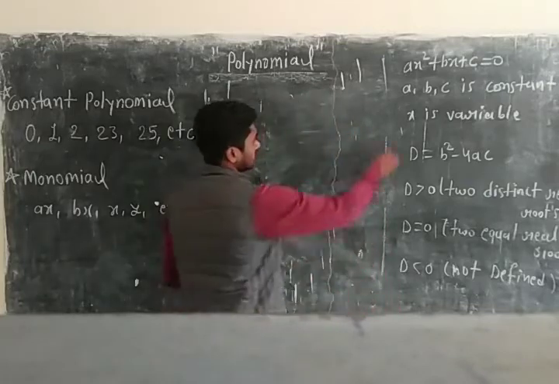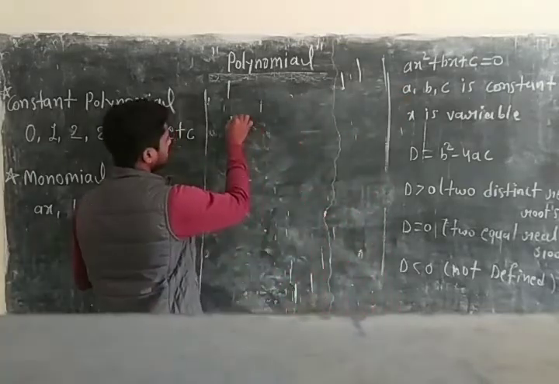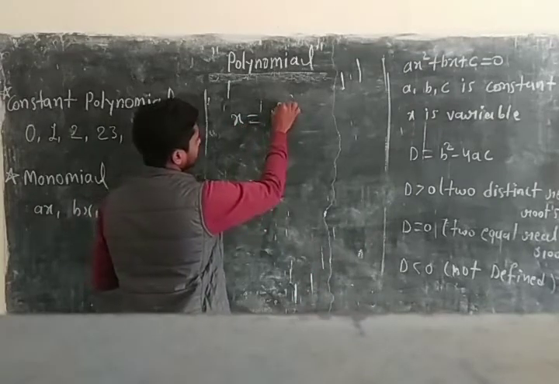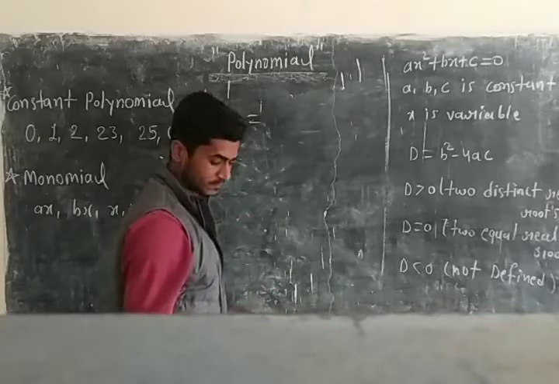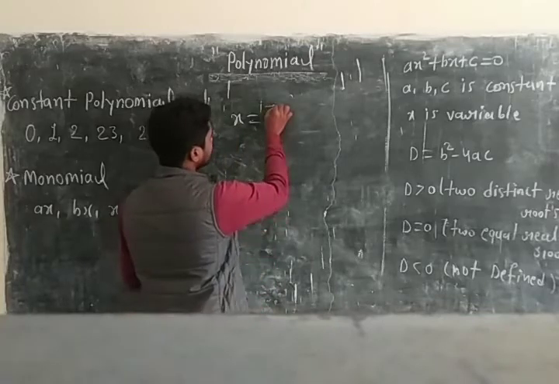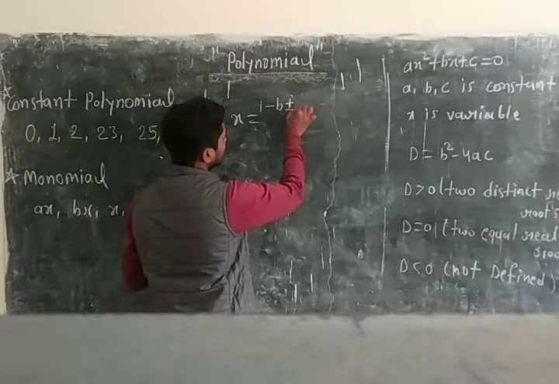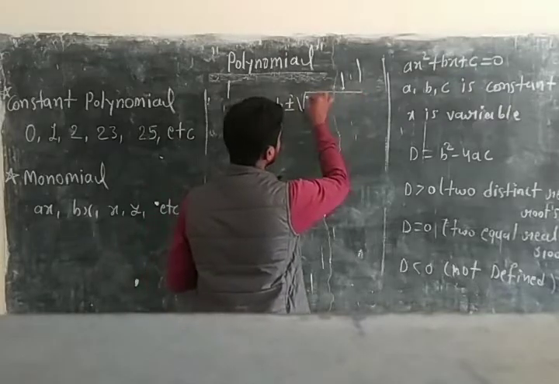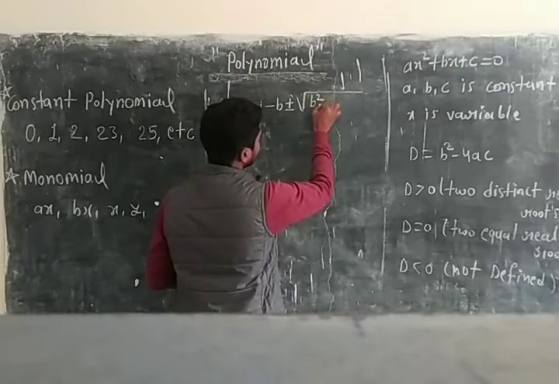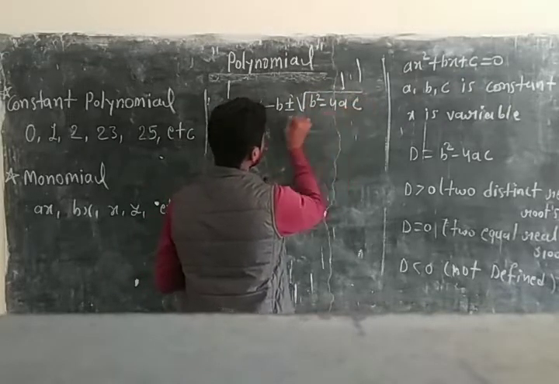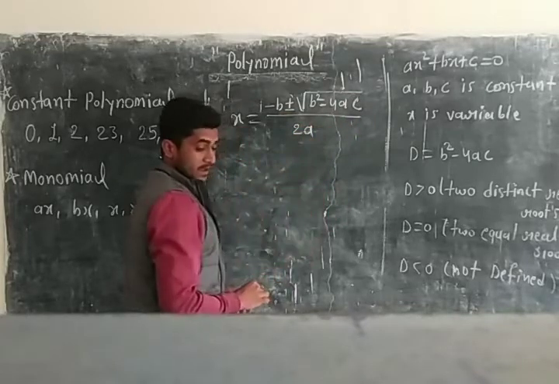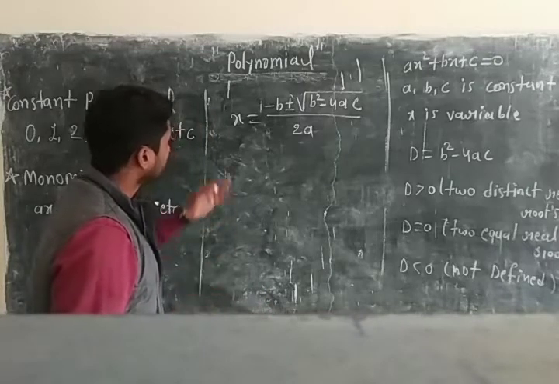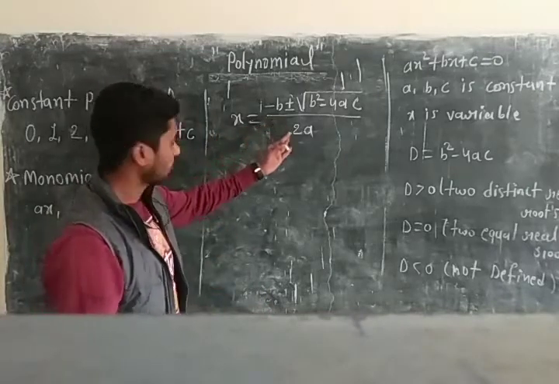That formula is x is equal to minus b plus minus under root b square minus 4ac upon 2a.